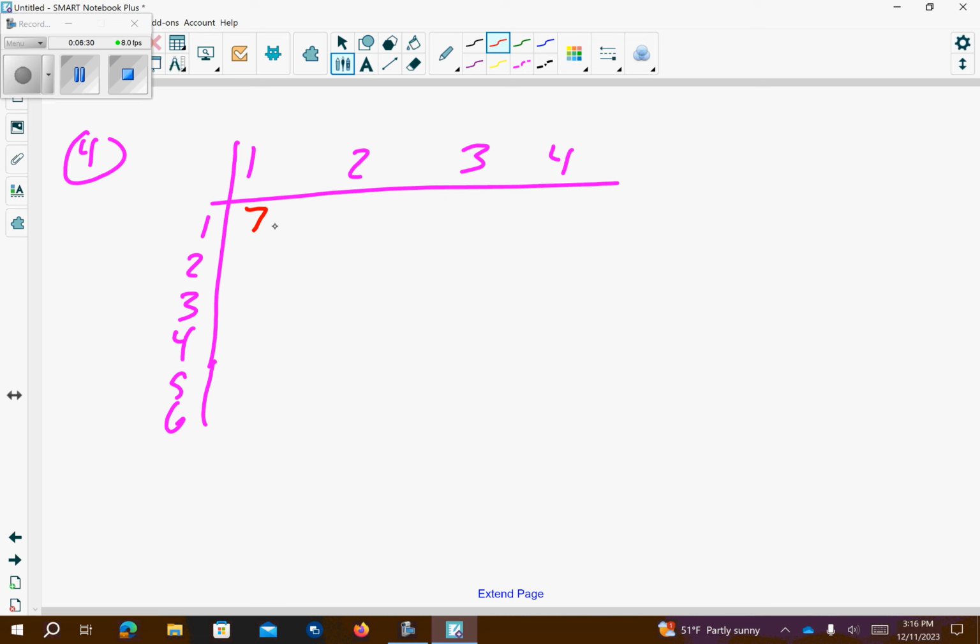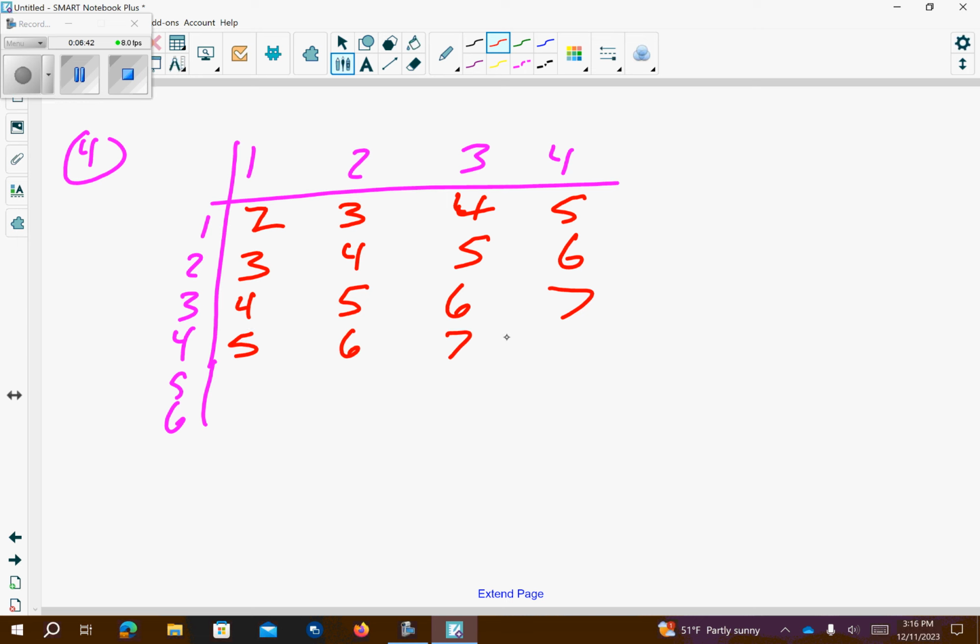So 1 and 1 is 2, 3, 4, 5, 3, 4, 5, 6, 4, 5, 6, 7, 5, 6, 7, 8, 6, 7, 8, 9, 7, 8, 9, 10. Okay. That's our sample space. That's the answer to A.